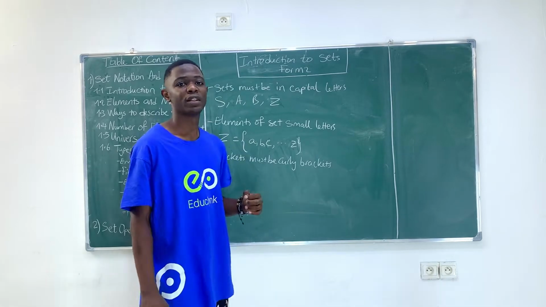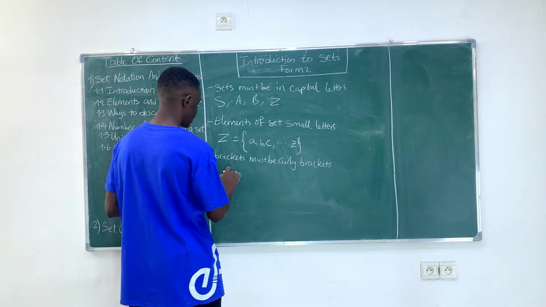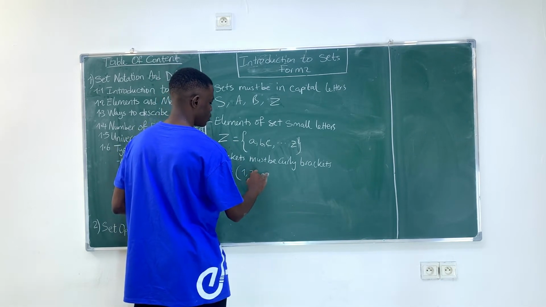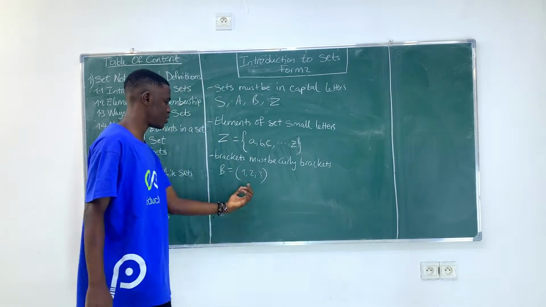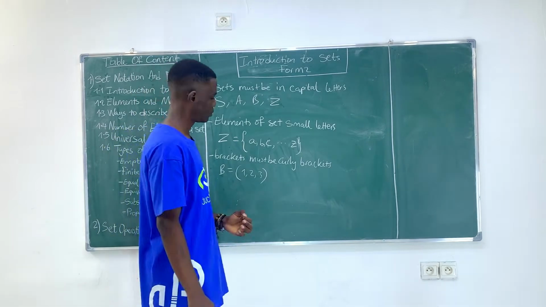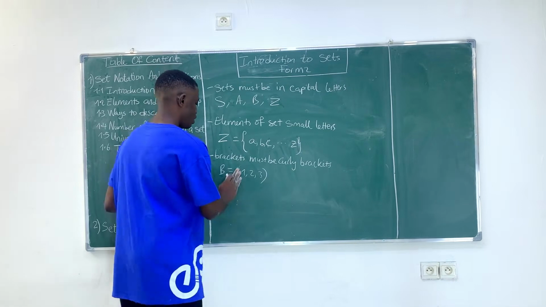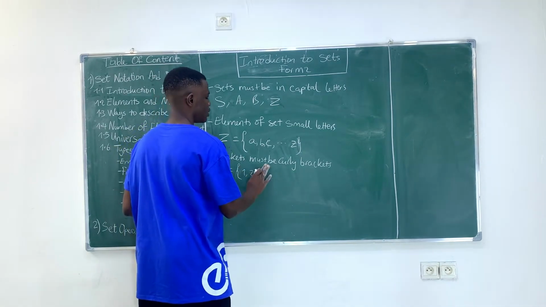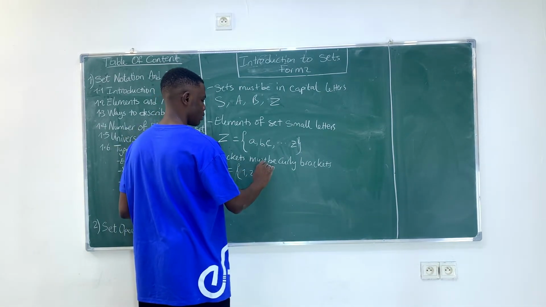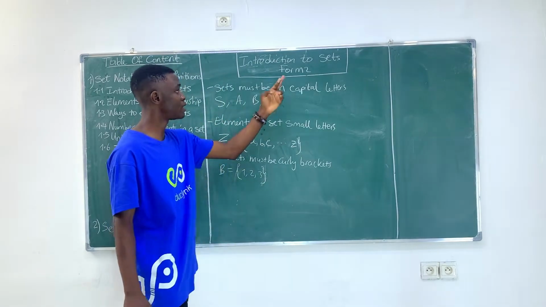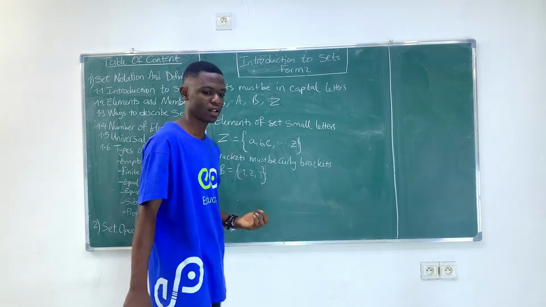That means you cannot represent this set with normal brackets, like you cannot say a set B is equal to (1, 2, 3). In this case, this is not a set. This can be seen as a matrix if you represent it like this. When you put your curly brackets, it shows it as a set. When you are doing sets, you must put it in curly brackets.